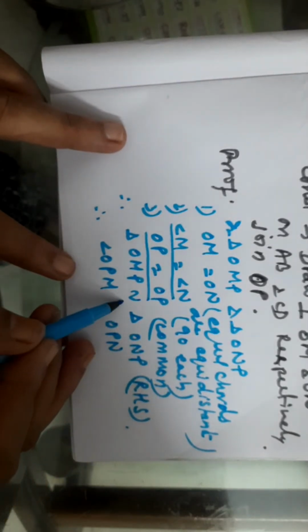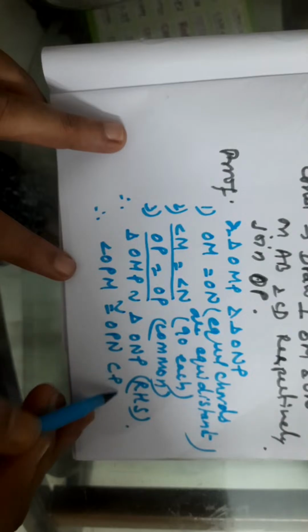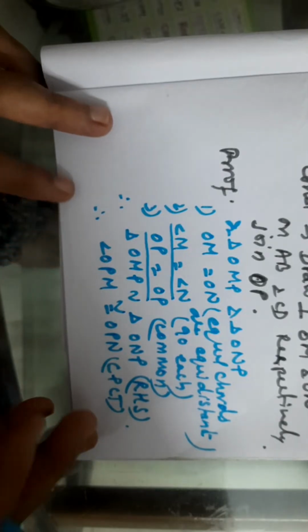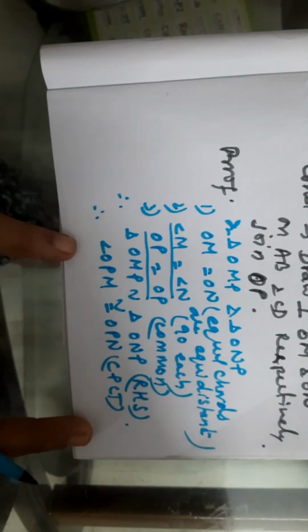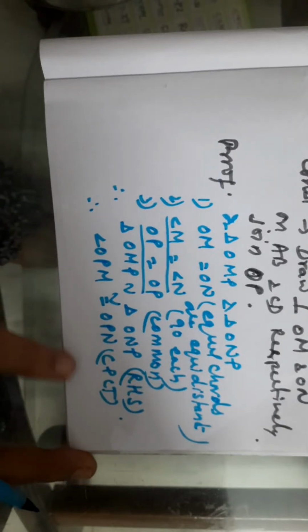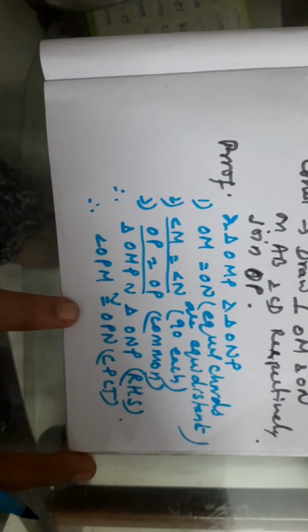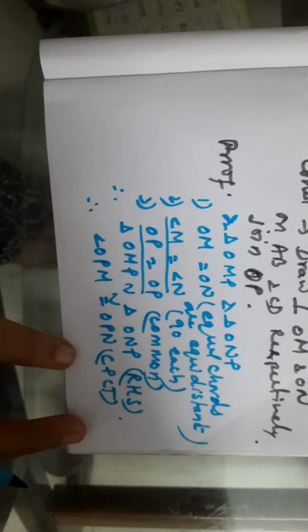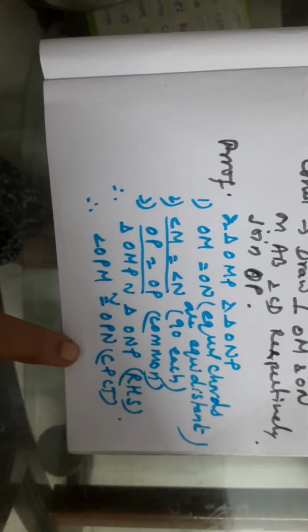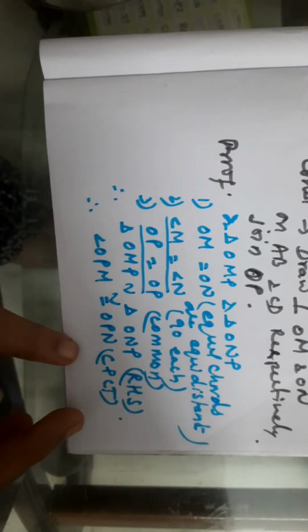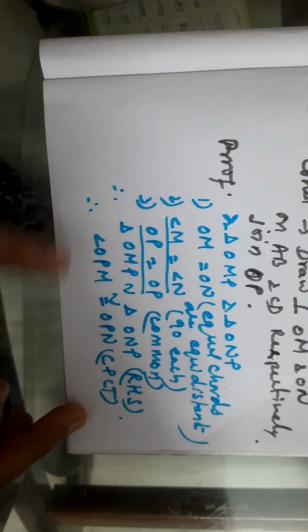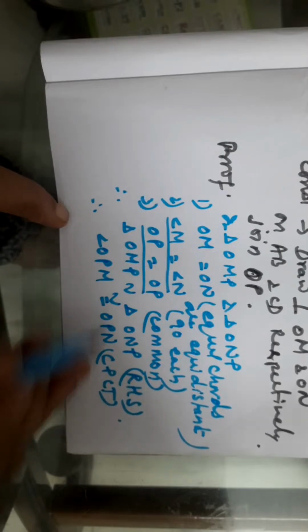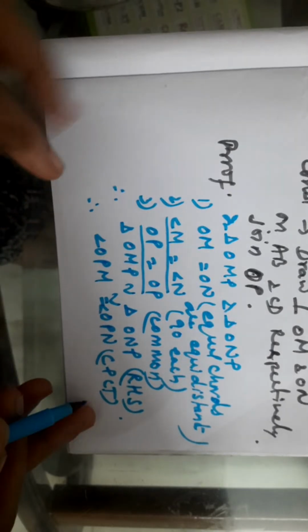Now these two triangles are congruent, so by CPCT these two angles are equal. If you recall chapter number 7, you can remember all these properties. Once the angles are equal, we can make other parts equal.